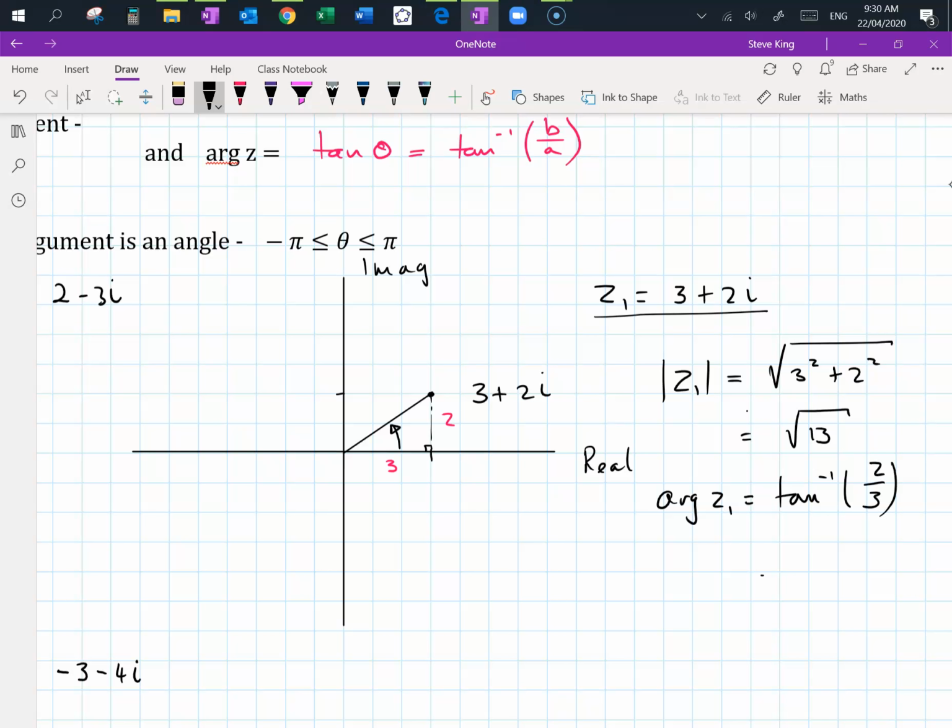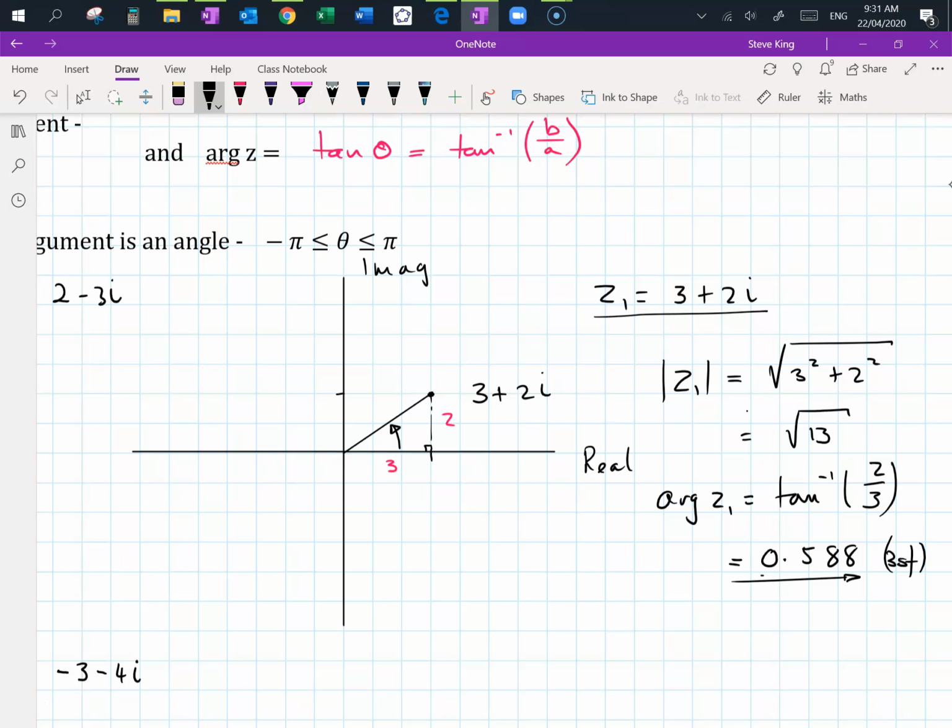And we get the trusty calculator for that. Shift tan of 2 over 3. And this is going to come up as 0.588. That's to 3 significant figures.